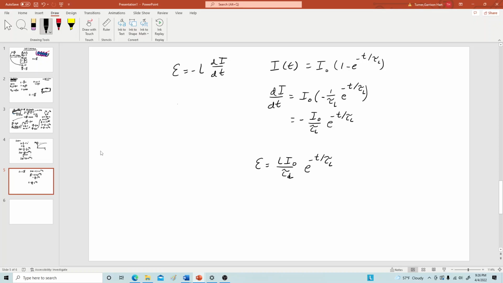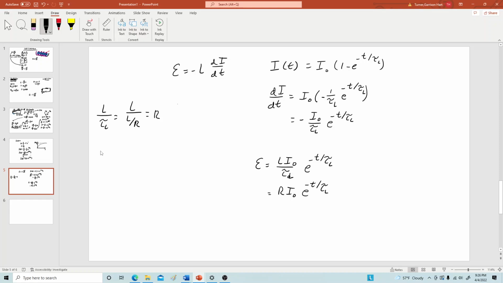If you really wanted to, you could write tau, this L over tau, is the same thing as L over R. So this is the same thing as R. Okay, so this would be the same thing as R I naught e to the negative t over tau.